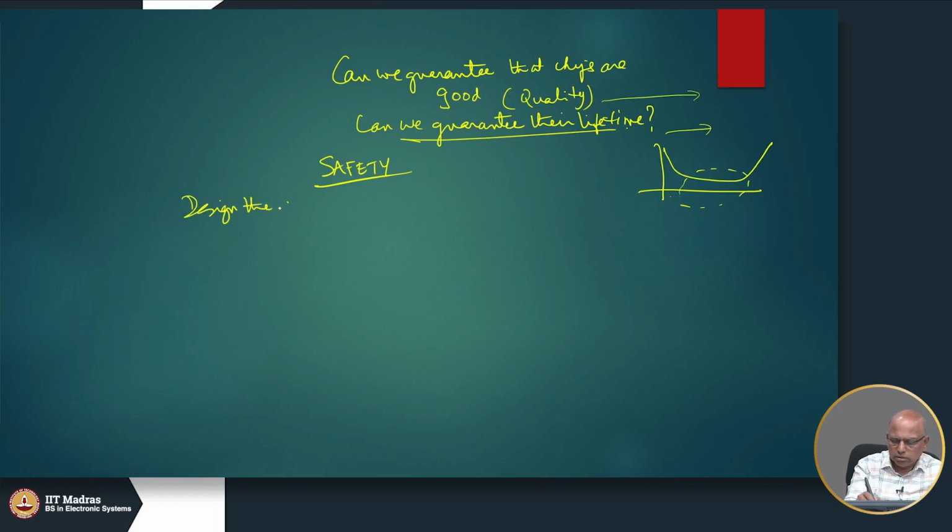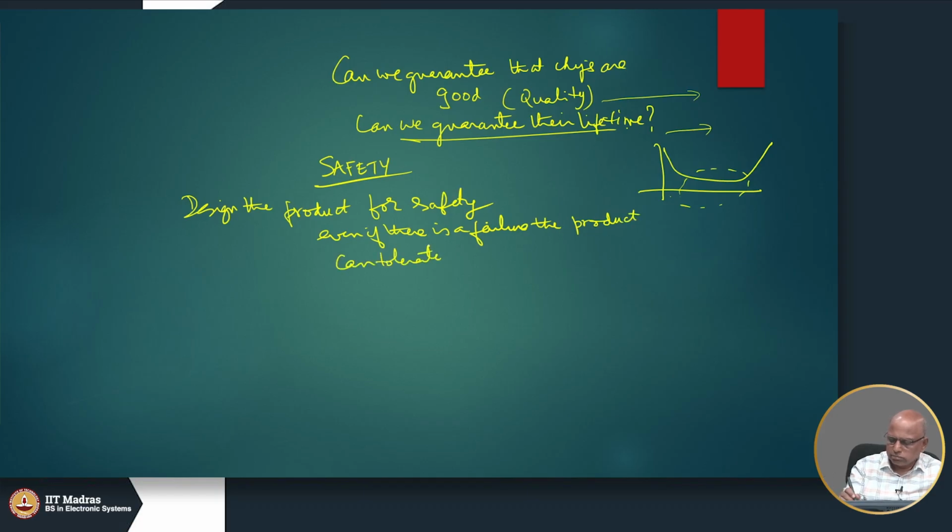Okay, so design the car or whatever electronics that you are designing, design the product for safety, meaning even if there is a failure, the product can tolerate it or can degrade in a graceful way.